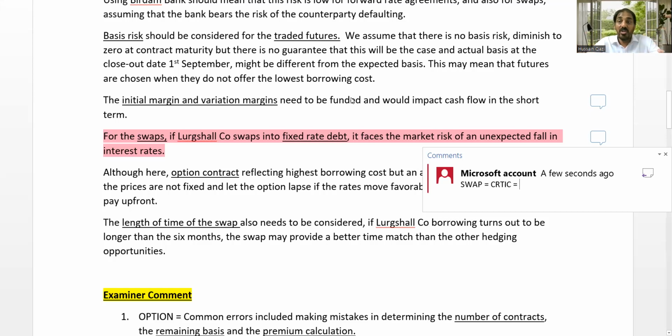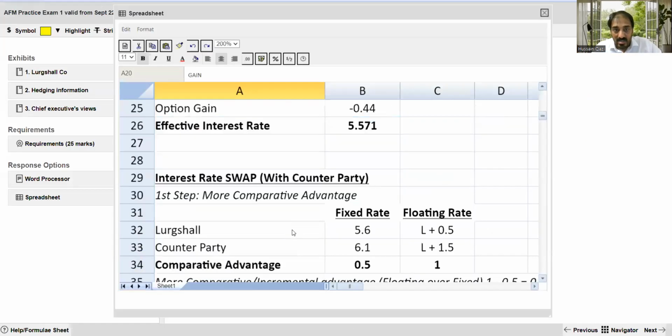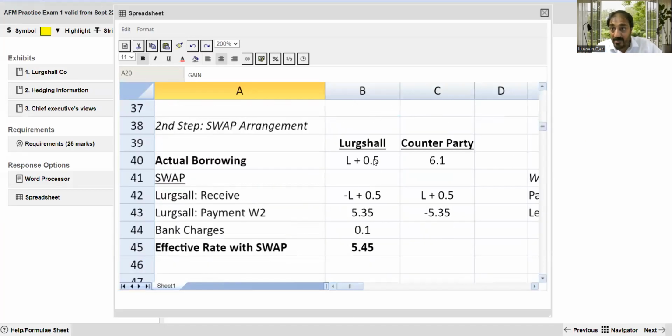If interest rates reduce, you have to pay the same amount, because in this scenario you have established a swap and the final answer becomes a fixed rate. You have converted from floating to fixed.